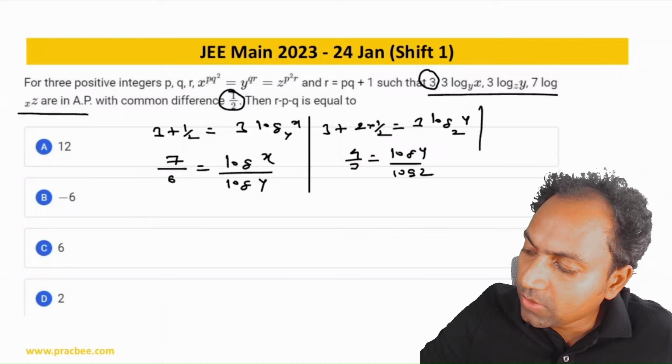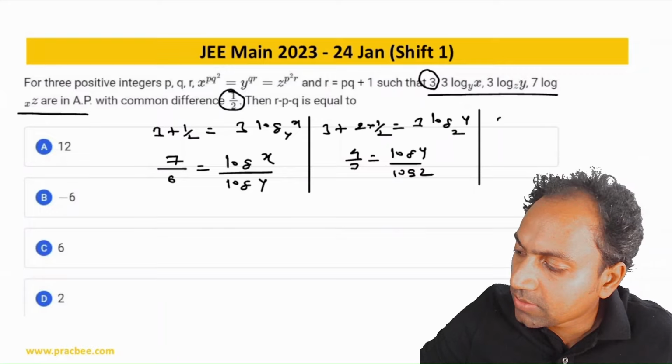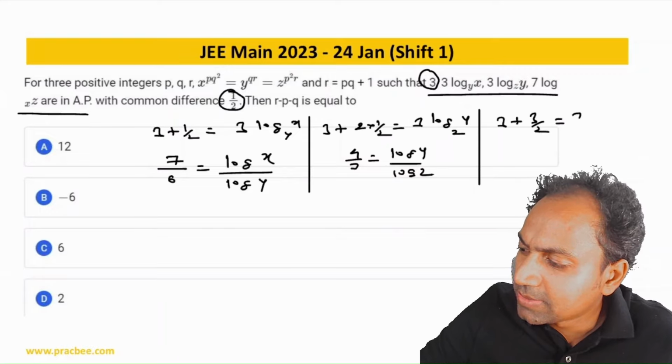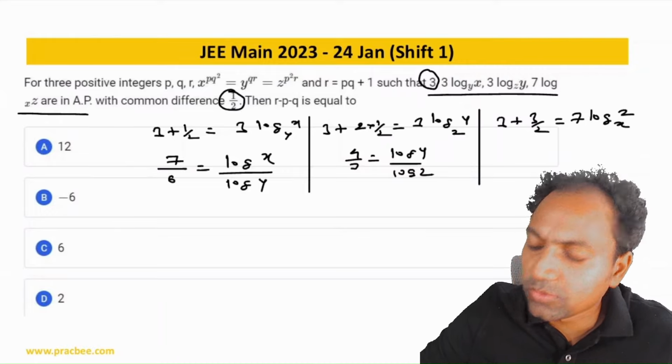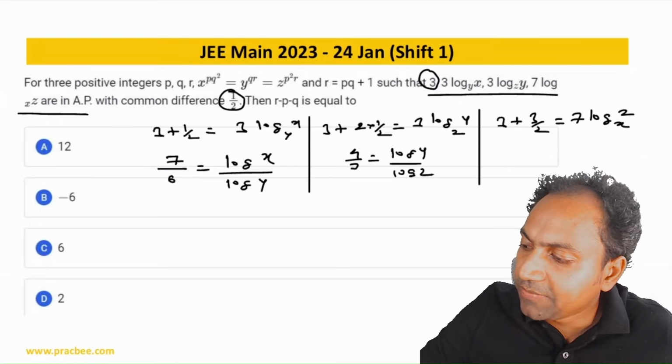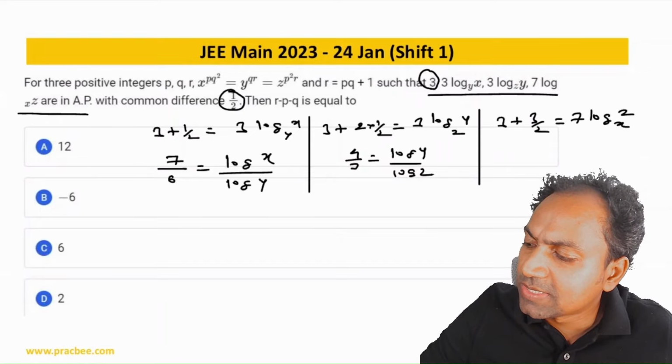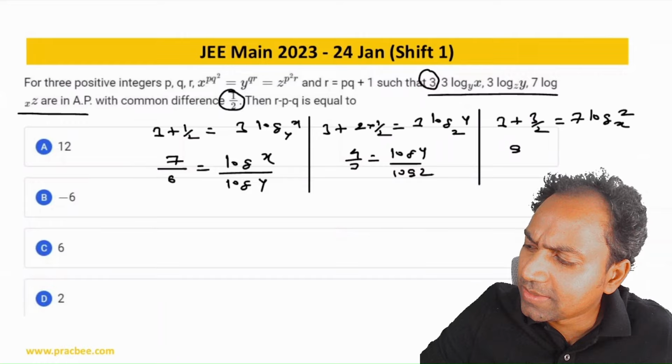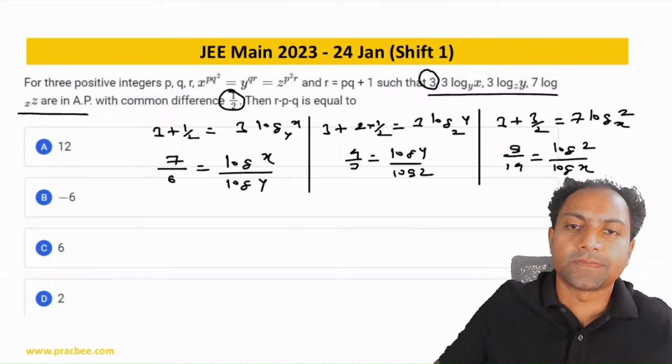And again, if I look into the last term, it is 3 plus 3 by 2 is equal to 7 log z to the base x. And if I again simplify, this would become 6 plus 3, 9. 9 by 14 is equal to log of z by log of x.